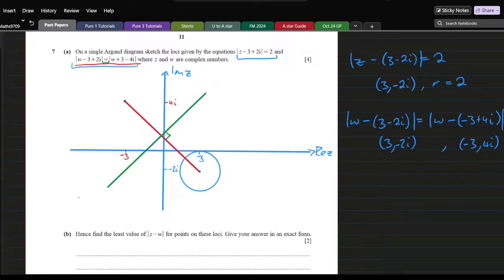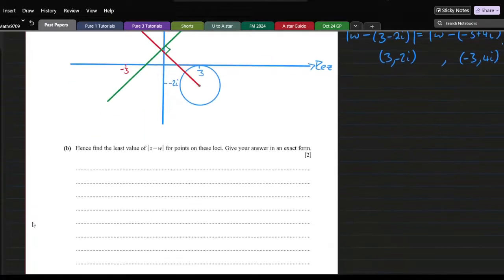So those are all the points that lie on our green bisector. They satisfy that equation. And then for this one, we are looking for the points that are equal to the radius of the circle. In other words, the points that lie on the circumference of the circle. So just by drawing this, we have satisfied the Argand diagram that they are looking for.